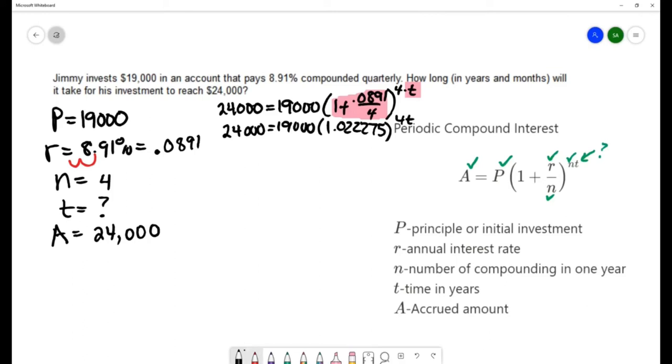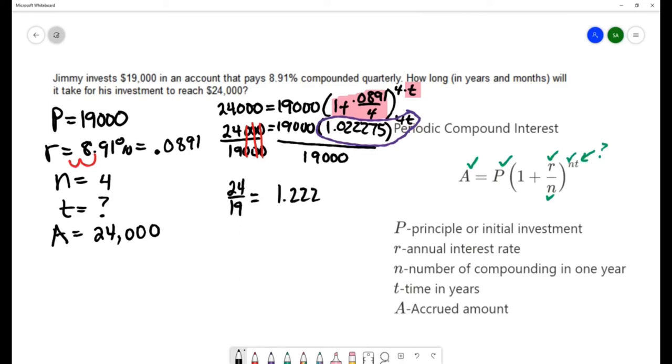Now when you solve exponential equations, the first thing that you should do is isolate the exponential portion. We want that to be the only thing on one side of the equation. So I'm going to divide both sides by 19,000. That quickly, if we're able to cancel out these powers of 10, gives me 24 over 19 equals 1.02275 to the 4t.